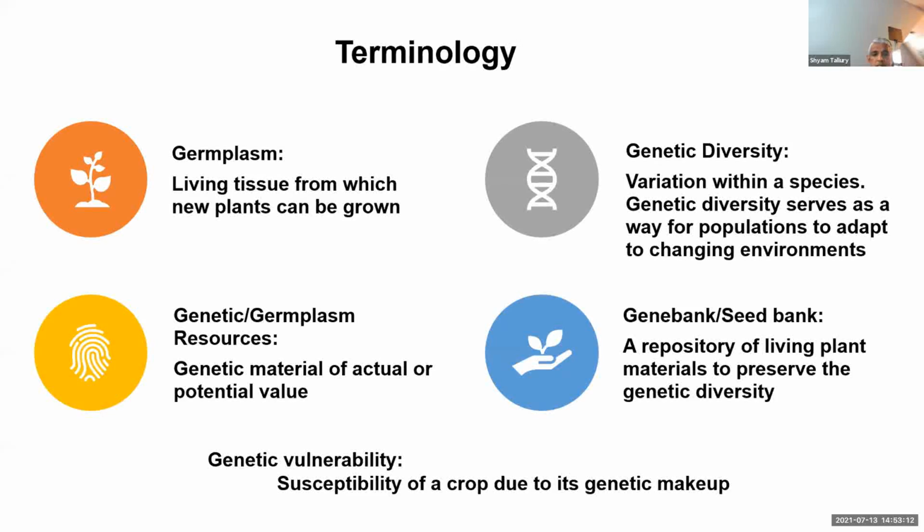My title also has the term genetic vulnerability. What I mean by this term is the susceptibility of a crop due to its genetic makeup. Again, I'll talk more about it in later slides.